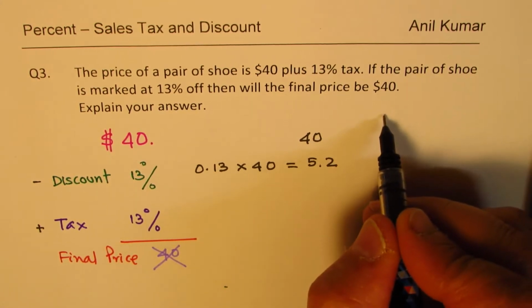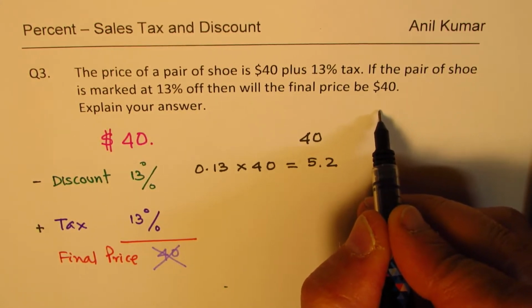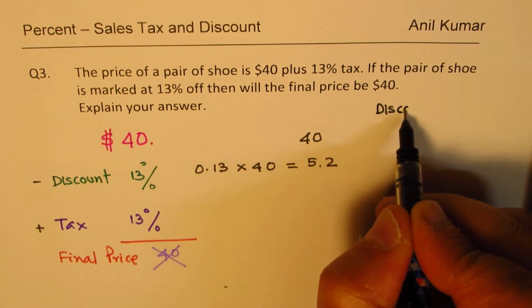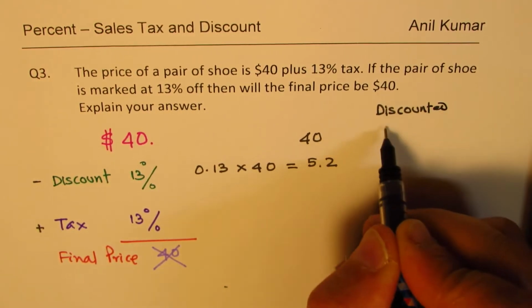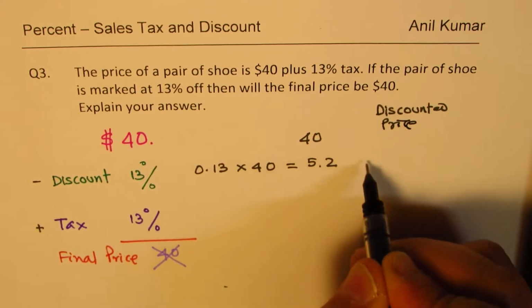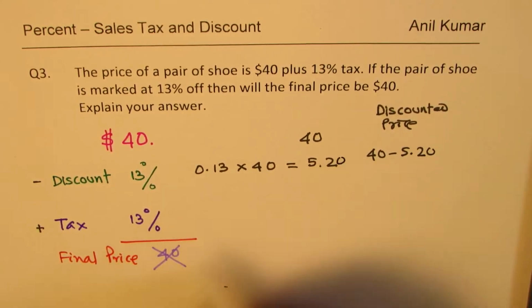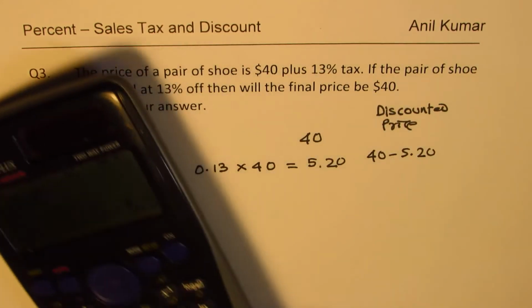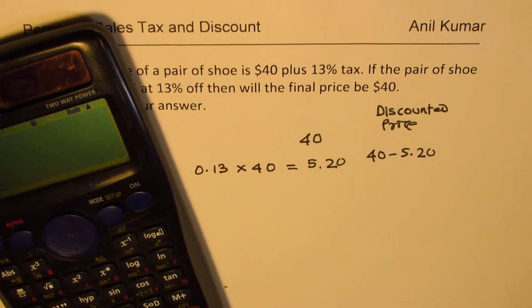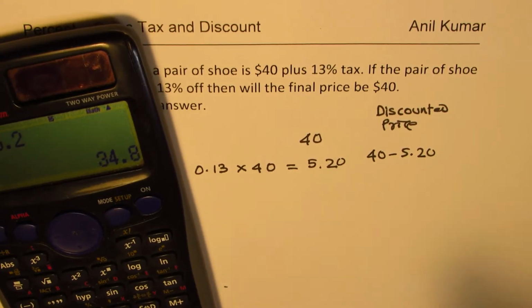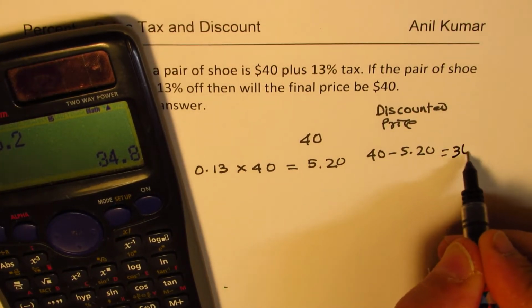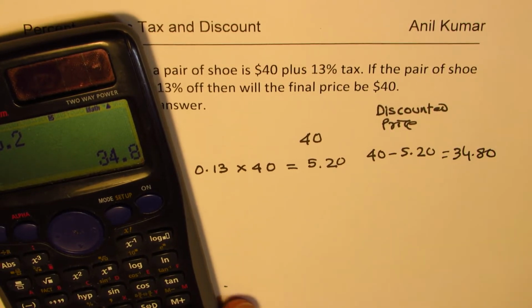So the discounted price will be 40 take away 5.20, which in decimals is 34.80.